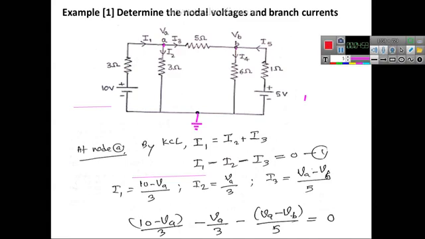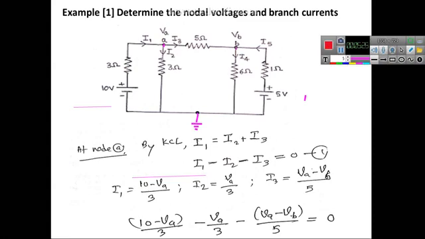Then, looking at this network, you need to write the equation for I1, I2, I3. What is I1? I1 is the current flowing in this branch towards node A. If this branch has a voltage source, then the voltage at this point is higher than VA, because current flows from higher potential to lower potential.